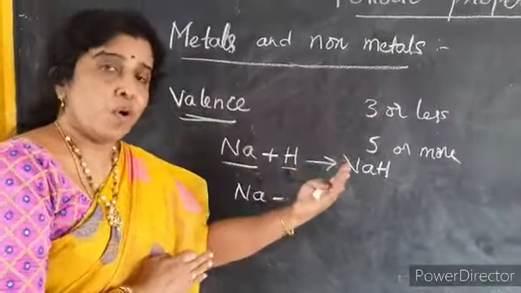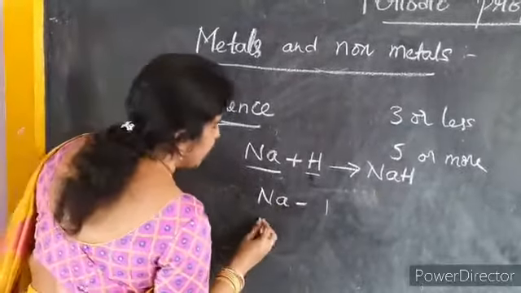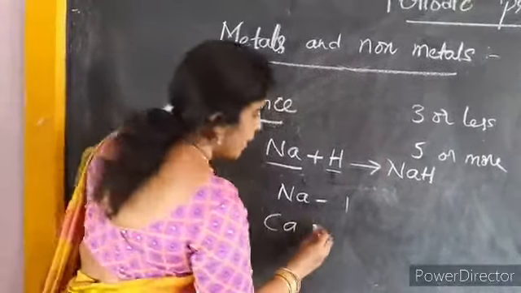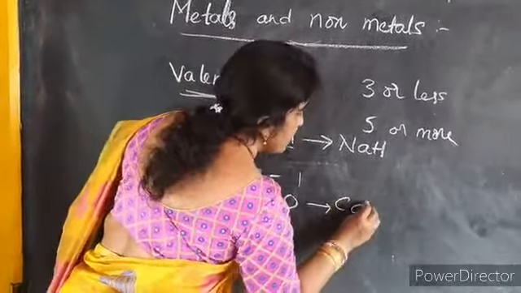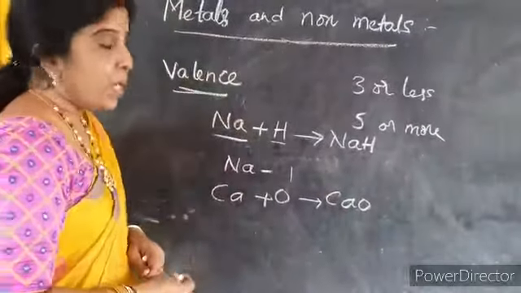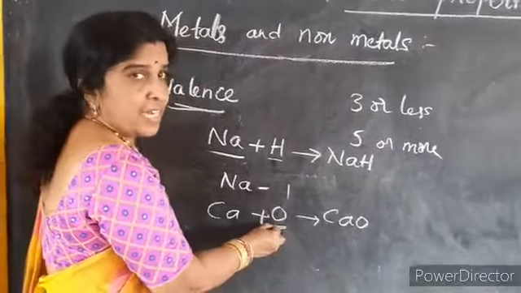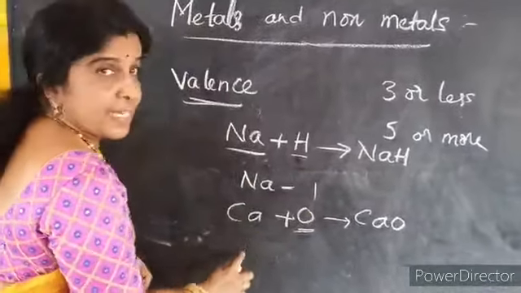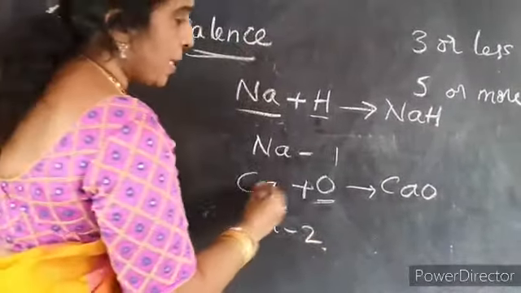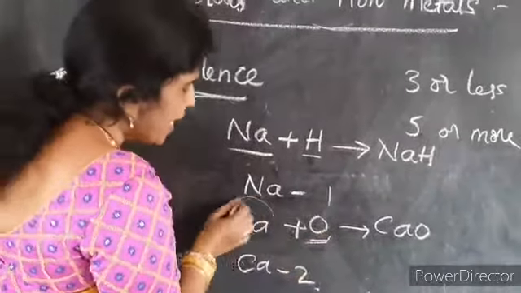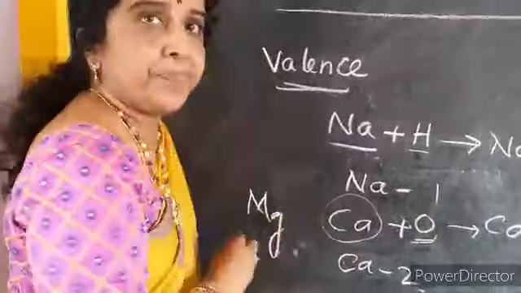Now with respect to oxygen, how do we calculate valency? Let us take calcium for example. Calcium reacts with one oxygen atom and forms CaO. In the case of oxygen, for every one oxygen atom, we take the valency as 2. So the calcium valency is 2, since it is combining with one oxygen atom. Let it be any element here; you can take even magnesium in place of calcium.